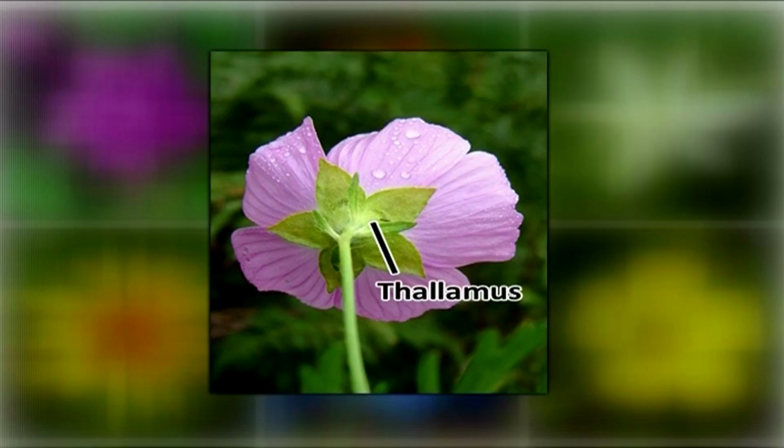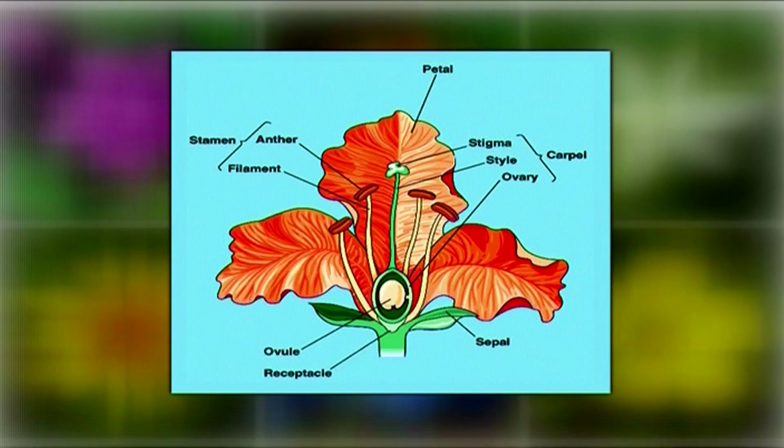The pedicel has a swollen tip known as thalamus or receptacle upon which are borne 4 whorls of accessory and reproductive structures in a definite order. A stereotypical flower consists of 4 kinds of structures attached to the receptacle. The organization of floral parts with respect to each other is called estivation.